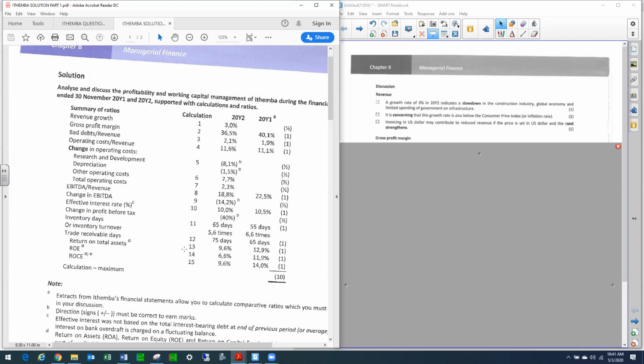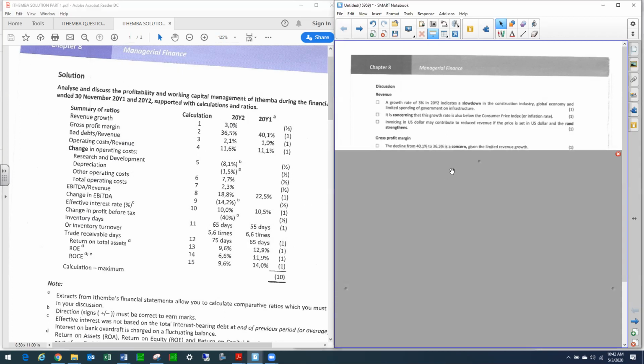Are you guys comfortable? But in this case, your sales have gone down in real terms, and your GP percentage has gone down, which means it's very, very bad. So the first thing you're going to need to do is say, listen, this is very, very bad. It's a concern, okay? GP percentage has gone down.